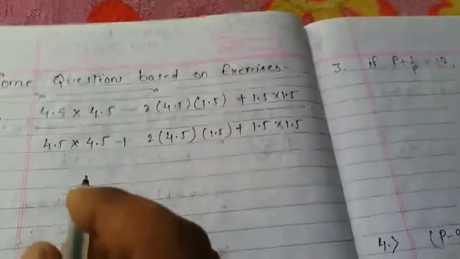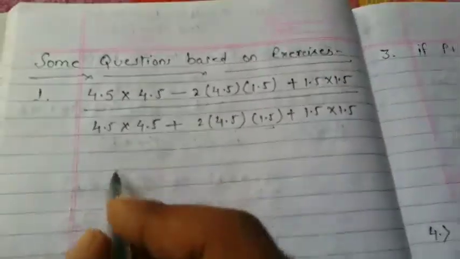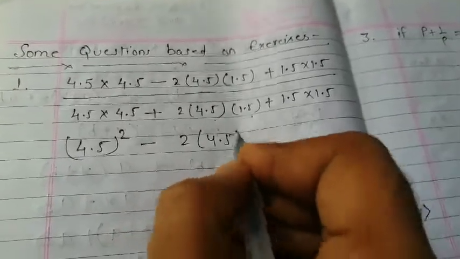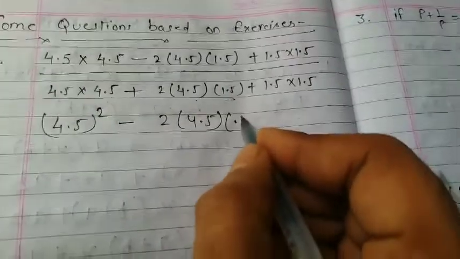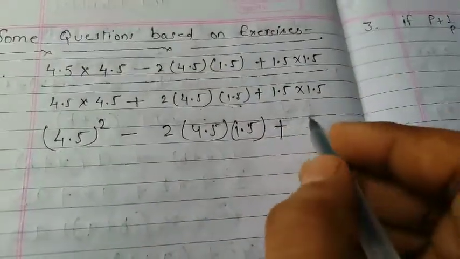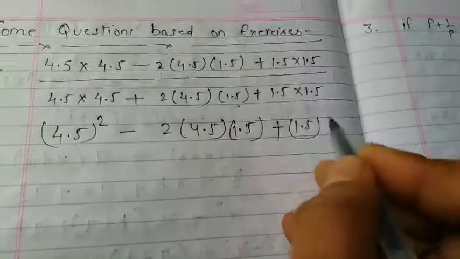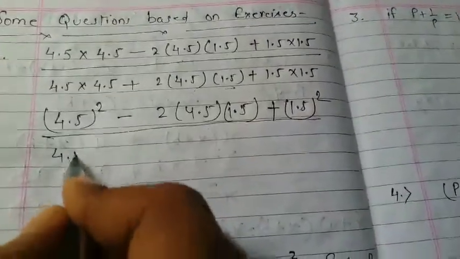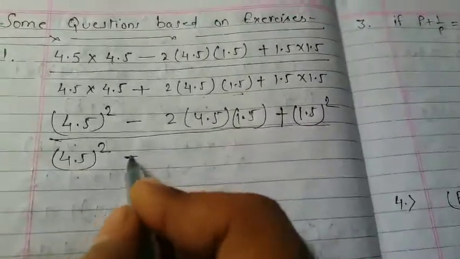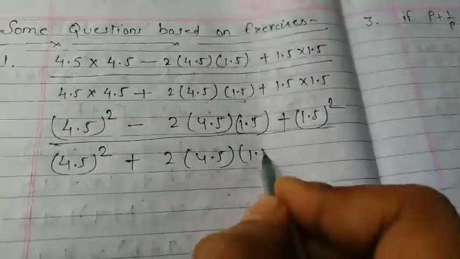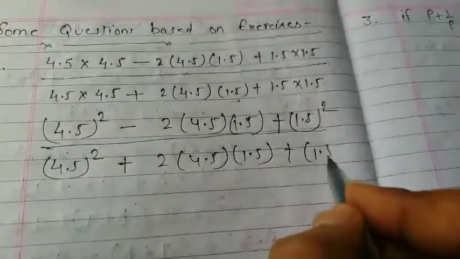First we can write 4.5 into 4.5 as (4.5)², minus 2(4.5)(1.5), plus 1.5 into 1.5 written as (1.5)², divided by (4.5)² + 2(4.5)(1.5) + (1.5)².